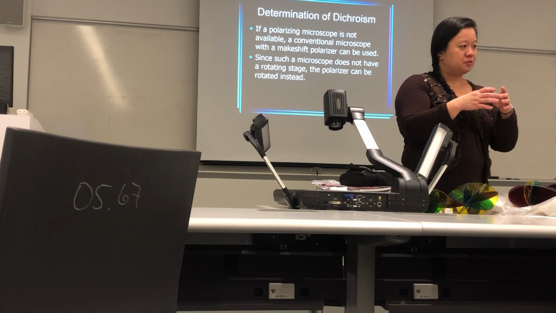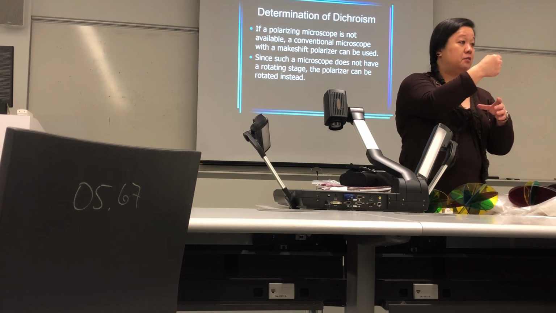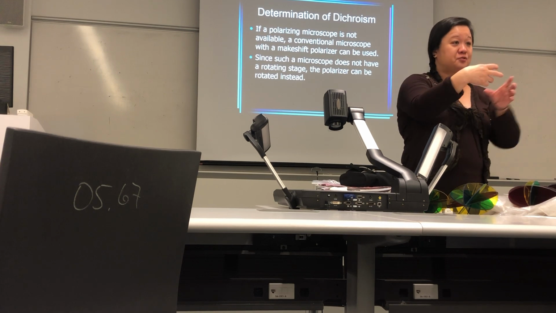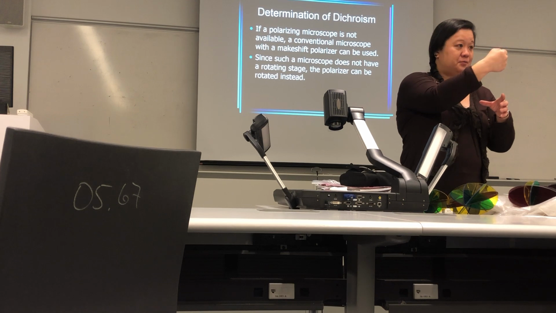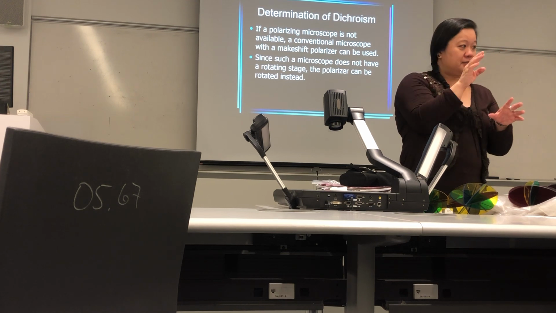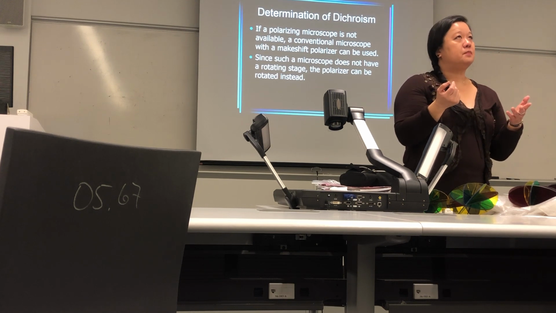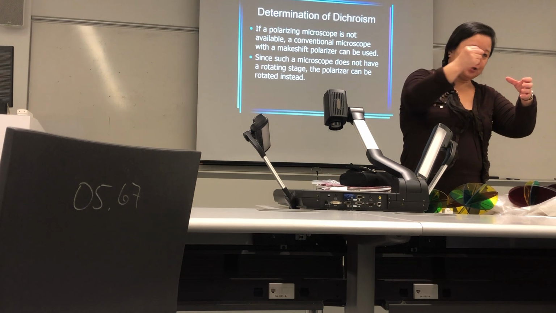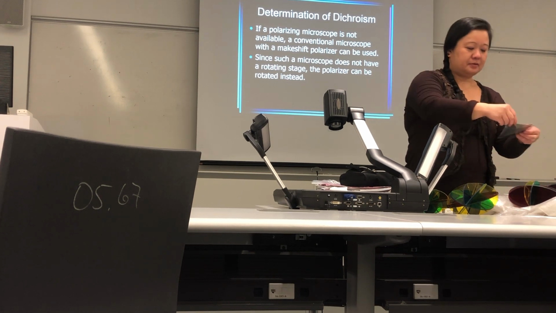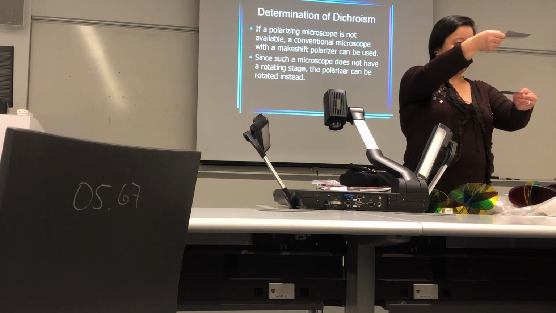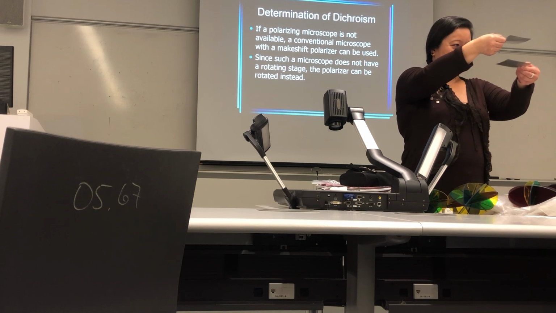The non-centerable objective is the low power, the 4 times objective. For the BH2 microscopes, the stage is centerable, and the non-centerable objective is the 40 times objective. So slightly different. For the BH2 microscope, you push in the rod to get the analyzer into the path of the microscope. For the Modic, you pull something out to get the analyzer in.